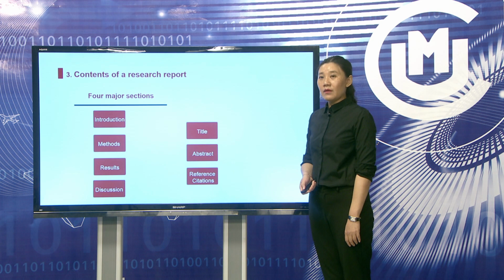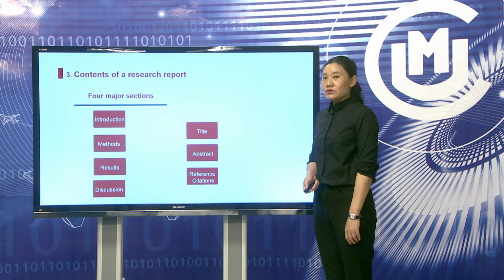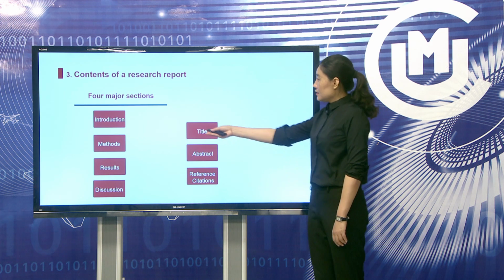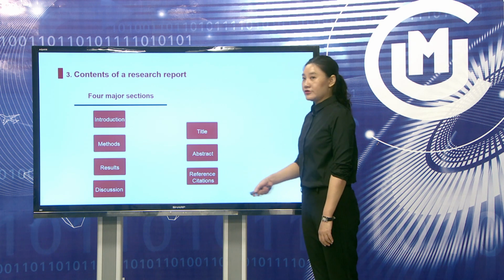Despite differences among various types of research reports, the general form and the content are quite similar. The major distinction lies in the amount of detail reported and the emphasis given to different parts. Usually, research reports include four major sections: introduction, methods, results, and discussion.